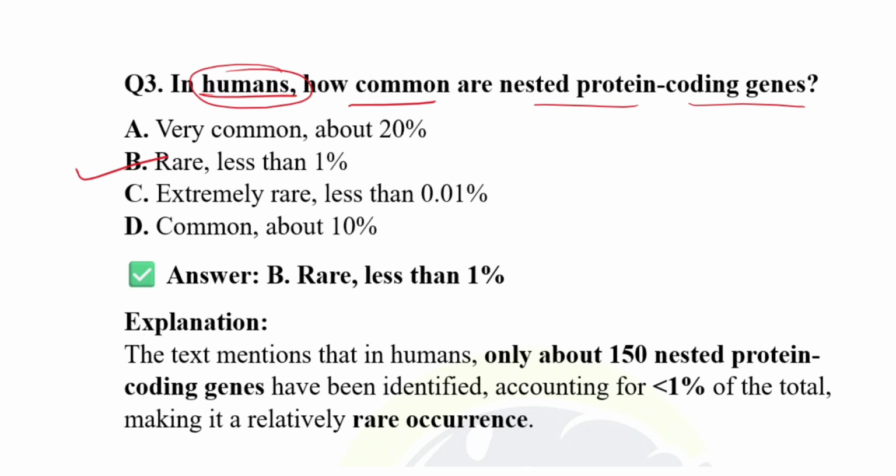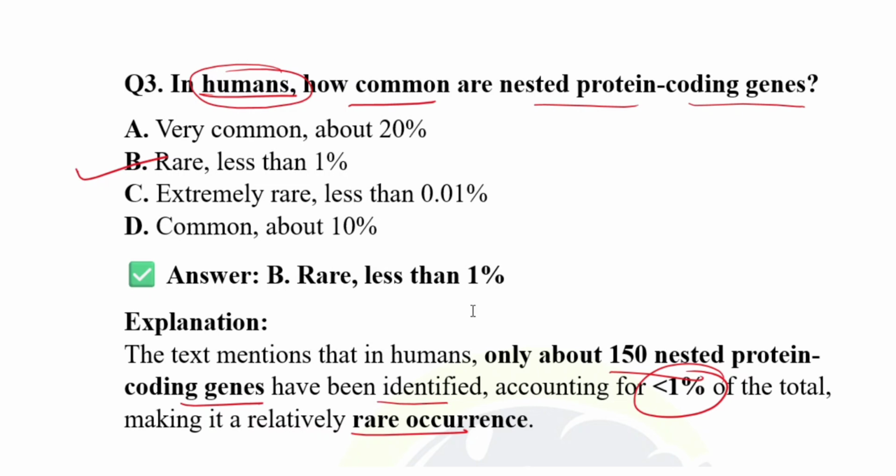As per the paragraph in Cooper, only about 150 nested protein coding genes have been identified, accounting for less than 1% of the total genes, making it a relatively rare occurrence. So the right answer is it is rare and less than 1%.